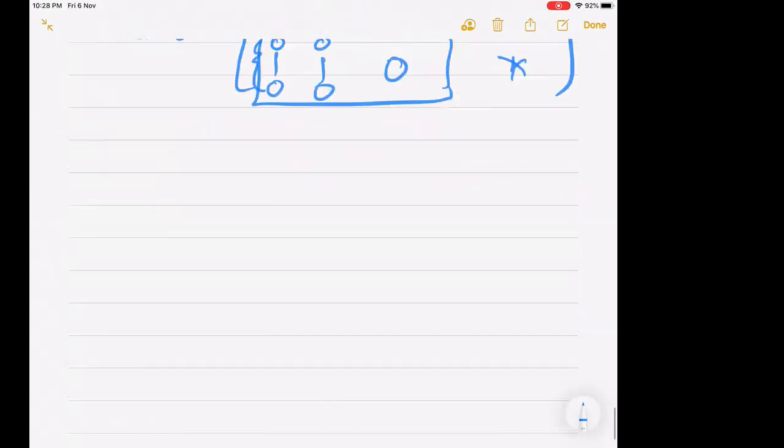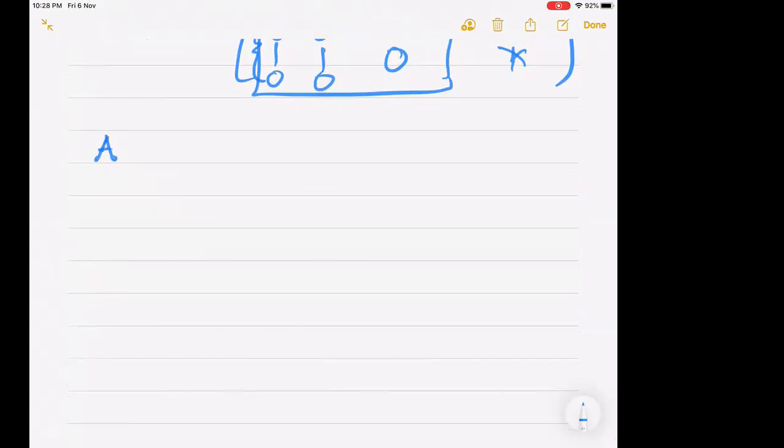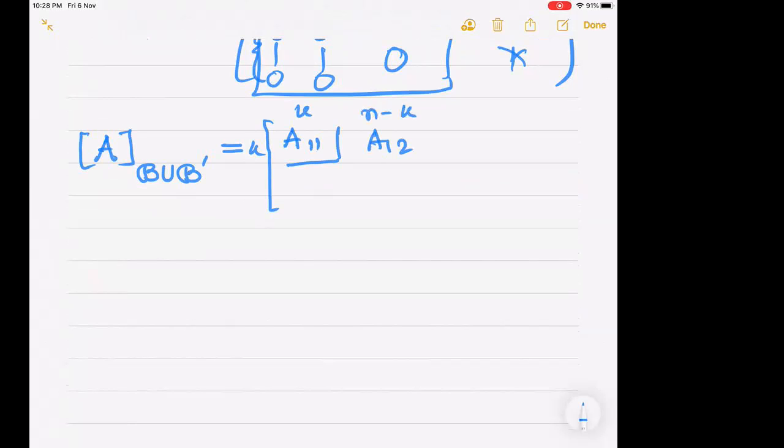So what we mean by this thought process through which we have gone is that this will admit a representation which looks like A11, which is going to be a square k by k matrix, some A12 whose size is k by n minus k, and then there will be an A22 which is n minus k by n minus k, and this part will be 0 of size n minus k times k.